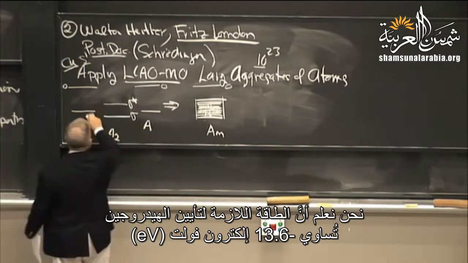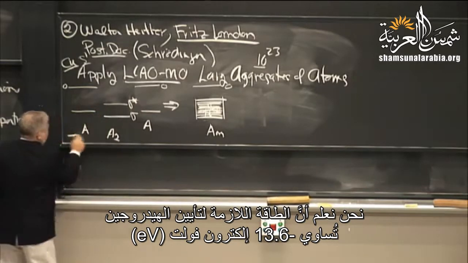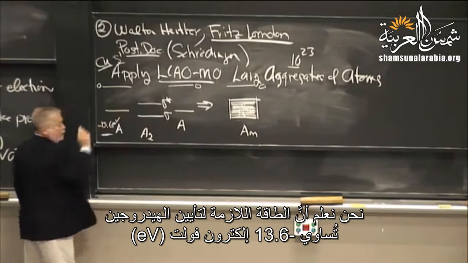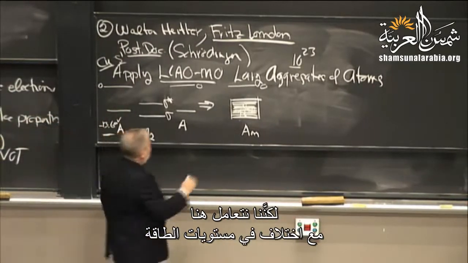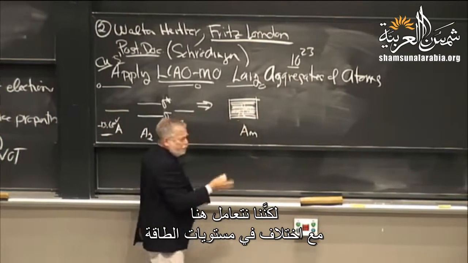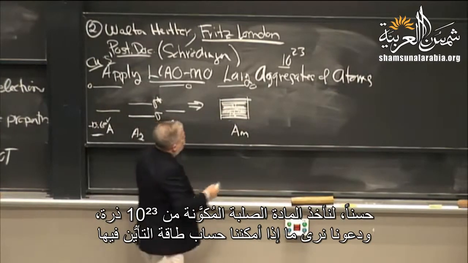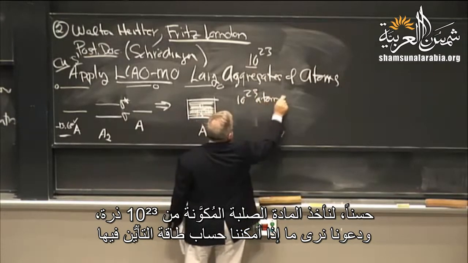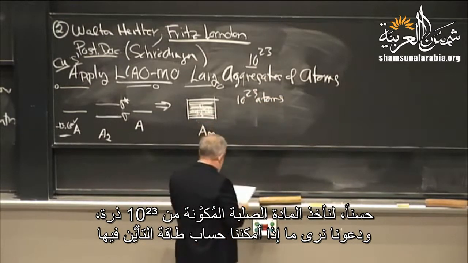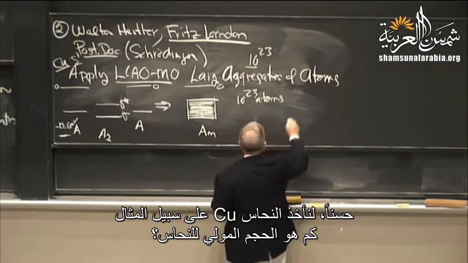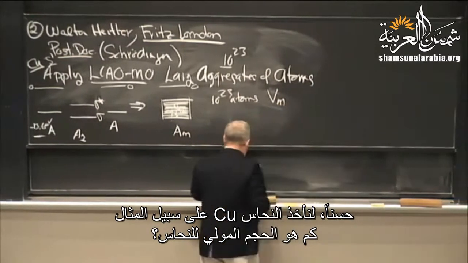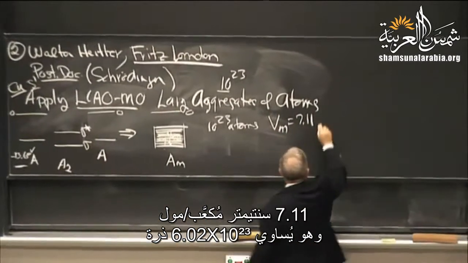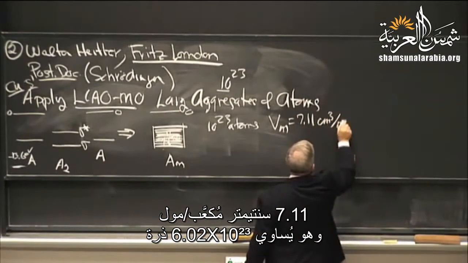And this energy level here, these energies, what? We know for hydrogen, this is minus 13.6 electron volts. So what are we dealing with here in terms of state differences? Well, let's take 10 to the 23rd atoms, and let's see if we can calculate an energy. Well, let's take for copper, the molar volume of copper, which is 7.11 centimeter cube per mole.